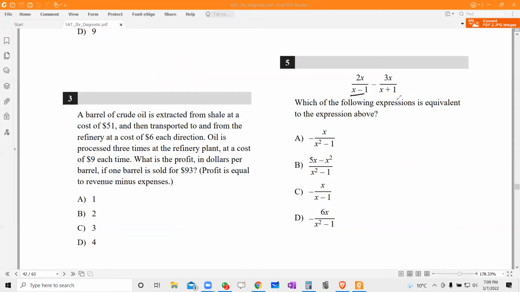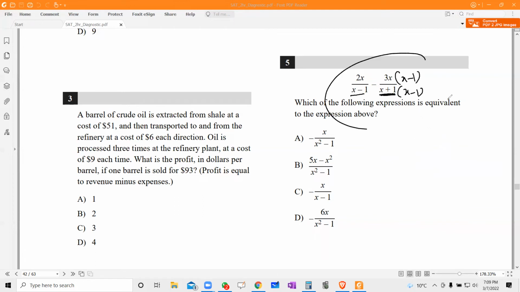If you're having x minus 1 here but not there, then you'll multiply x plus 1 to the first fraction, numerator as well as denominator. And you're not having x minus 1 in the second one, so you'll multiply x minus 1 in the second numerator as well as denominator. And then you will solve it.